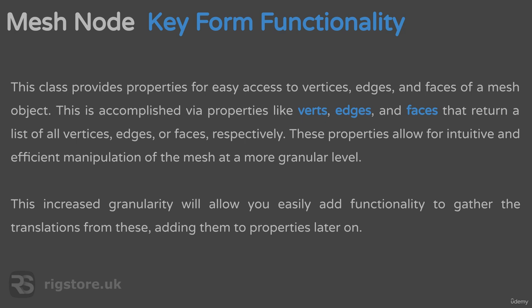This increased granularity, for example, will allow you to easily add functionality to gather translations from these, adding them to properties later on. For example, if you want vertex translations or vert translations, edge translations, all you have to do is again create another property which accesses these vertex and then cycles through them, adding their position.